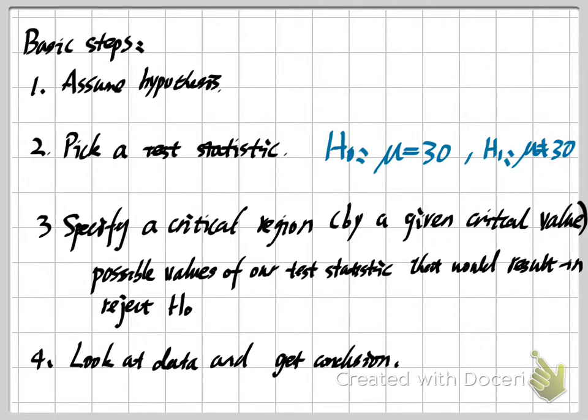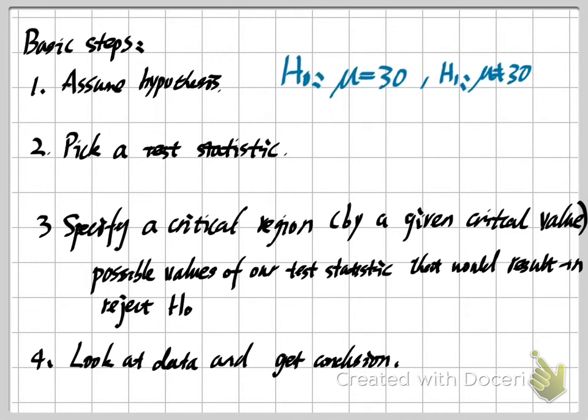The next step is to find a test statistic. The test statistic I choose is based on our hypothesis. We will check the value of our test statistic. If the value is so weird, then we say our H0 is wrong and we should reject it.